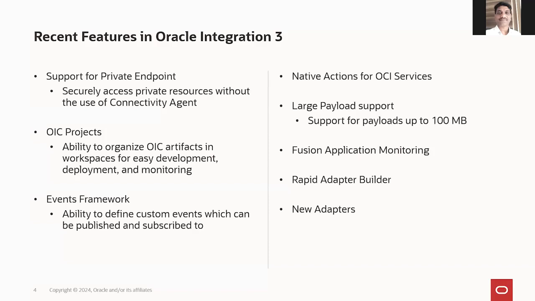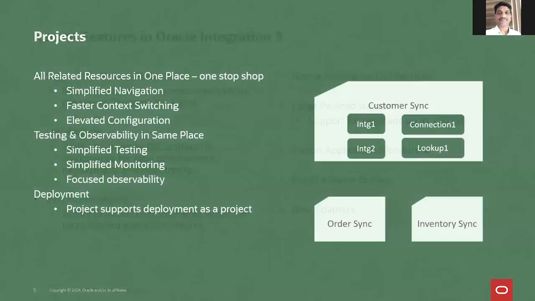Without a REST connection, you can directly talk to the OCI services. And we support large payloads up to 100 MB. We also have a Fusion application monitoring feature, RAB, and new adapters. So let's get into the details of all these features now.